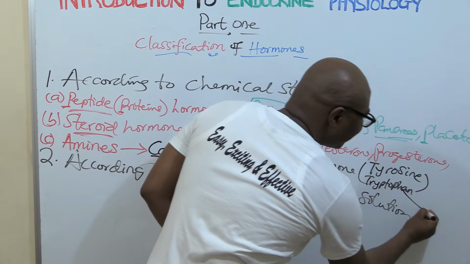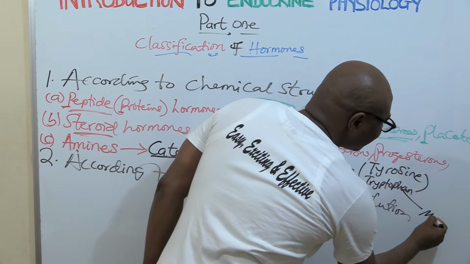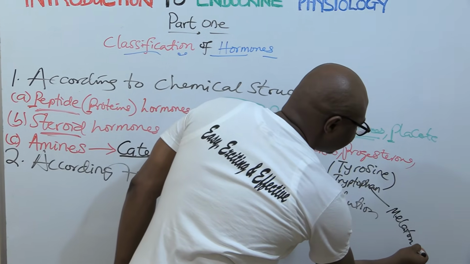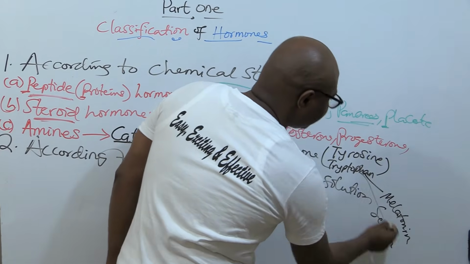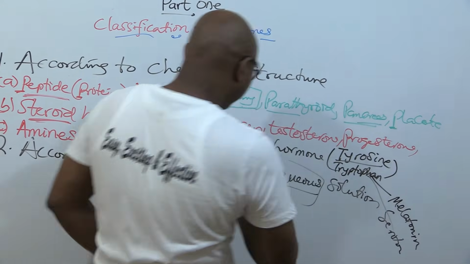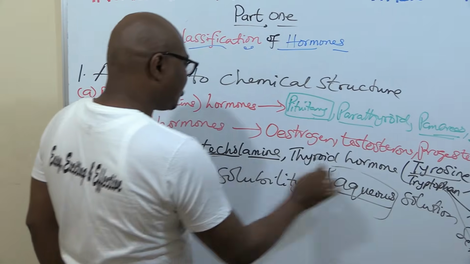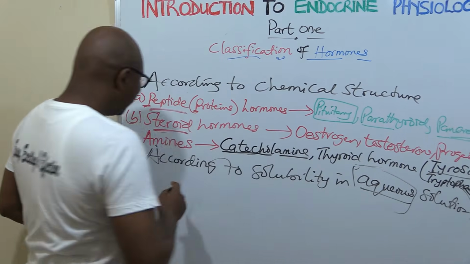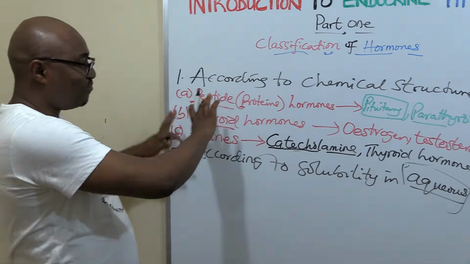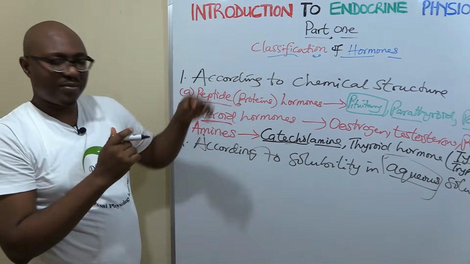For example, you have melatonin, you have serotonin, okay, tryptophan, so on. But these are from the classical hormones, these two, catecholamines and thyroid hormones, tyrosine. Okay, so these are the three major classes according to chemical structure.